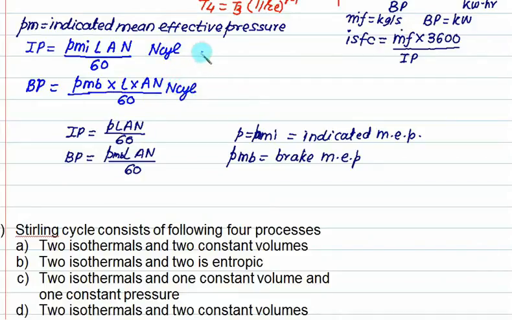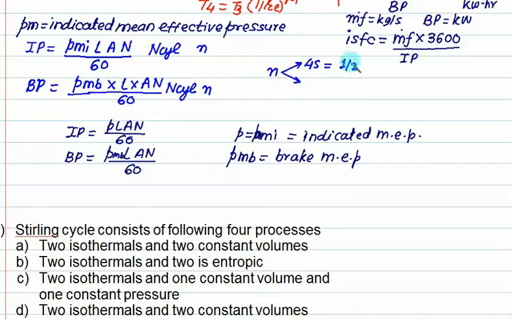Then it really matters whether the engine is 4-stroke or 2-stroke. So I write multiplied by small n. This small n represents the number of effective power strokes per revolution. For 4-stroke, this value is equal to 1 by 2.